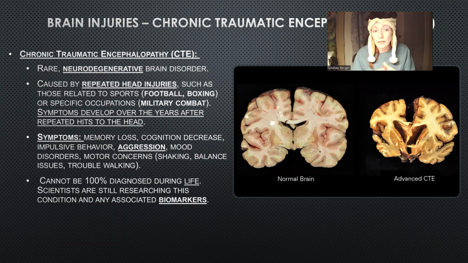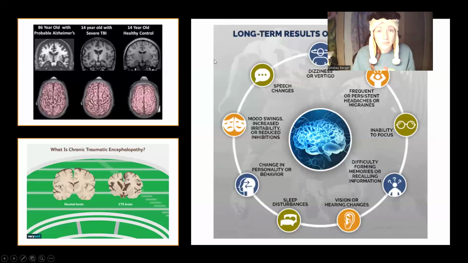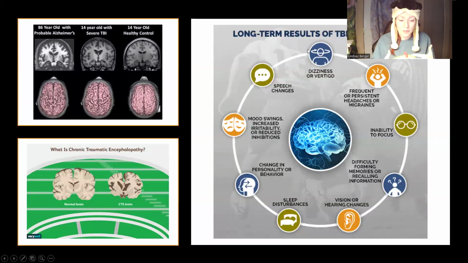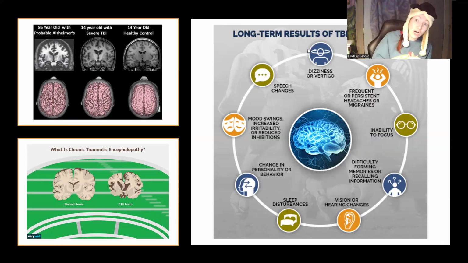That way they would be able to intervene a little bit earlier. Again, there's no cure for this, but if they know the biomarkers, they can maybe do some rehab or some kind of therapies to help you out, so it's not so severe.